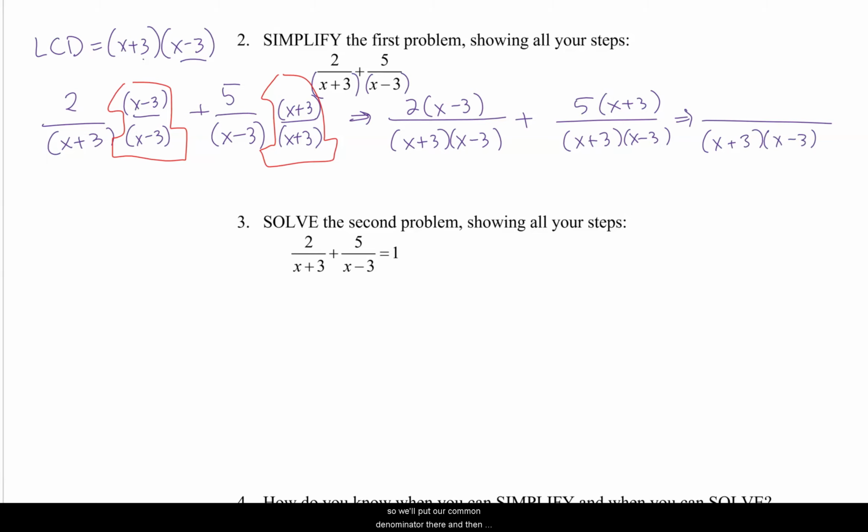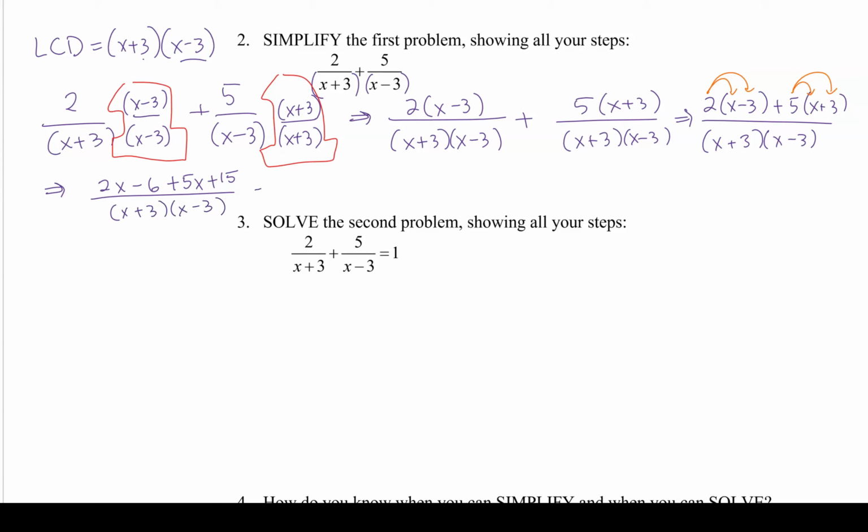So we'll put our common denominator there, and then we've got 2 times x minus 3 plus 5 times x plus 3. Multiply them out. We need to distribute these coefficients using that distributive property. 2x minus 6, 5x plus 15, all over x plus 3, x minus 3.